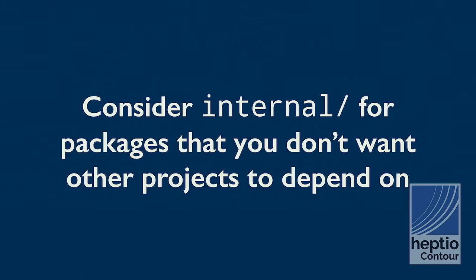And the reason you do this is that internal is a special name recognized by the Go tool, and it will prevent other code importing it unless it is a direct sibling. So other code in your project can import that code, but somebody else cannot import my repository and use it in their project.